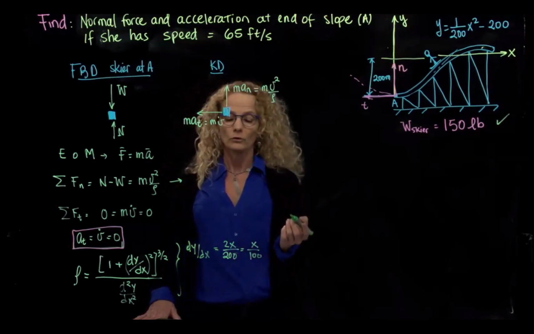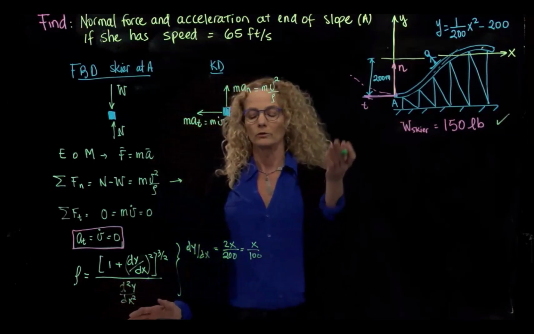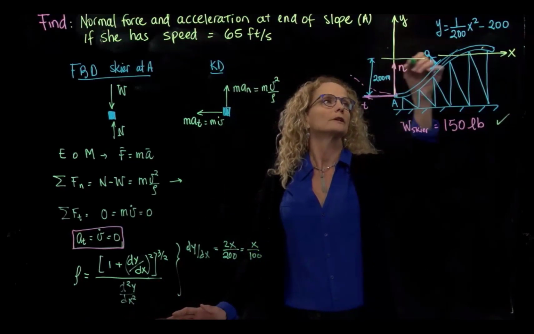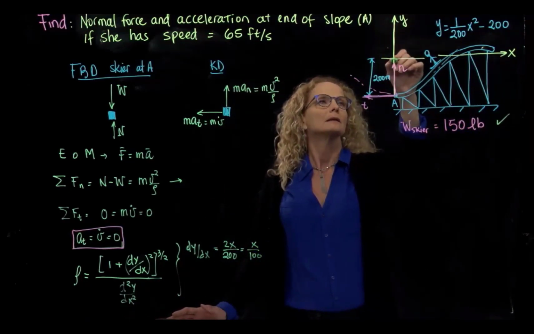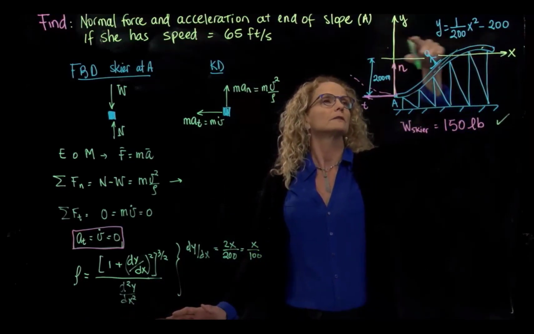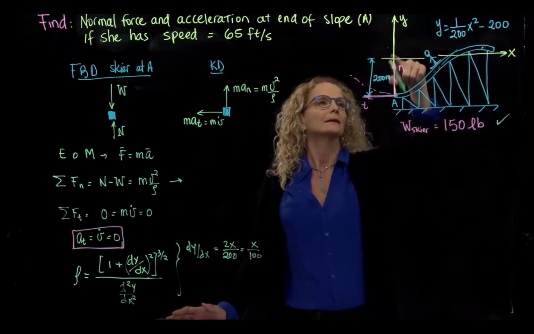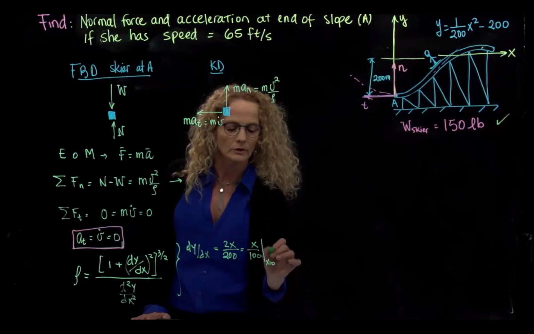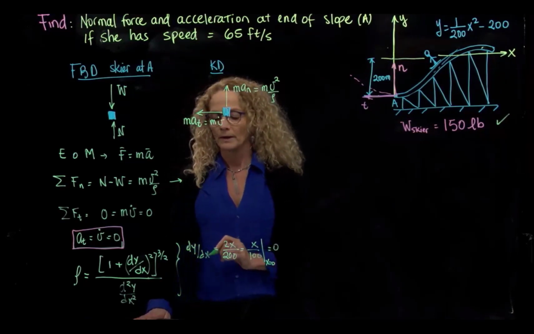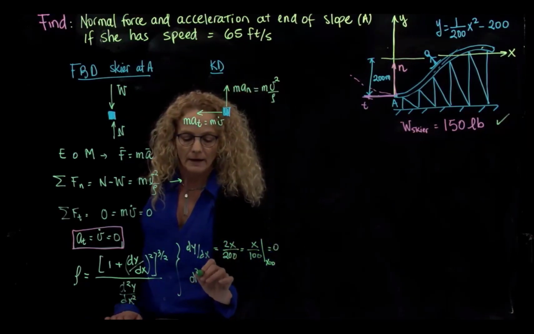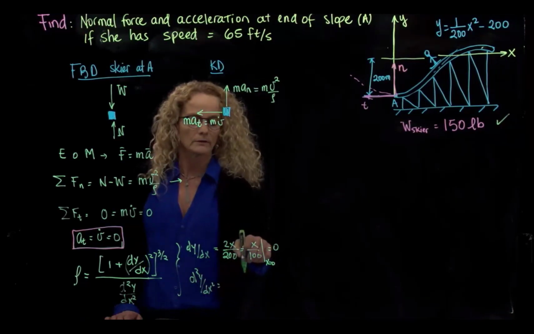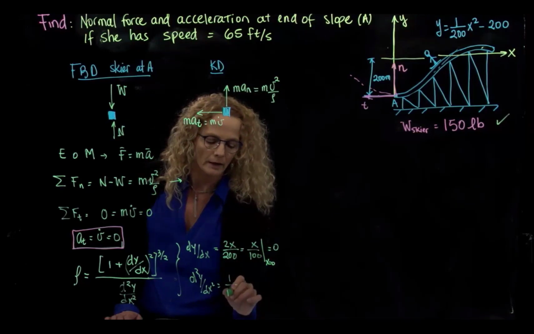But we have to evaluate it at A, and as you see, that equation is given for this coordinate system, so x is equal to 0. Evaluating at x equals 0, the first derivative is equal to 0. The second derivative is the derivative of that expression, which is 1 over 100.